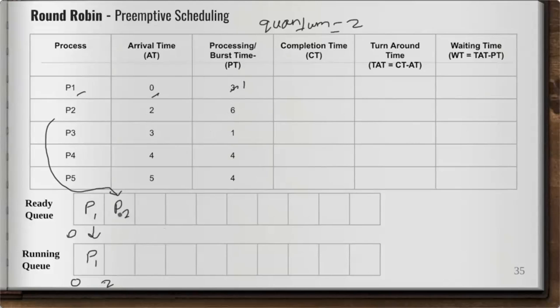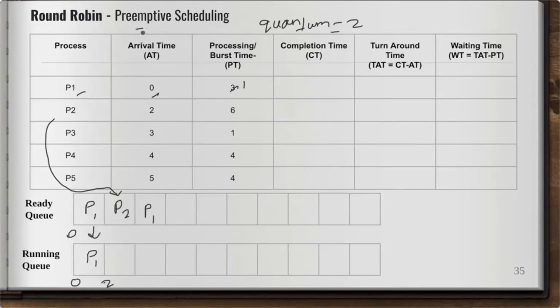So once we have brought whatever process had arrived at that point at the interval 2, we're going to put that in the ready queue. And then we also put P1 after that, not before that. It was not fair to put P1 before P2 because otherwise P1 will continue executing and it doesn't really make sense. We're not really going with the preemptive method then, because if we are allowing a process to execute fully, then we're not really following preemptive.